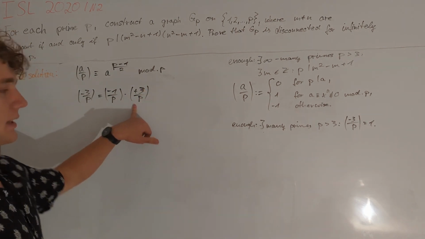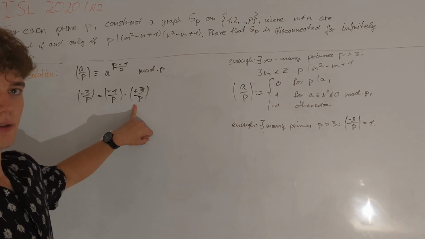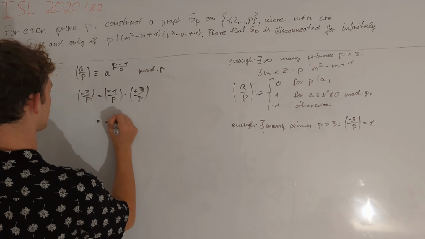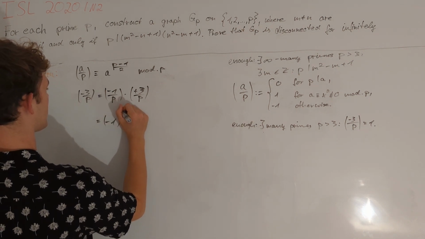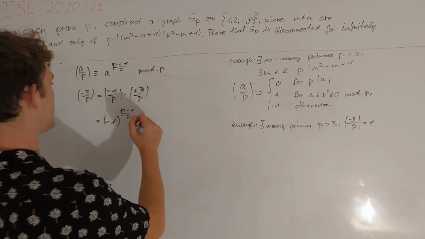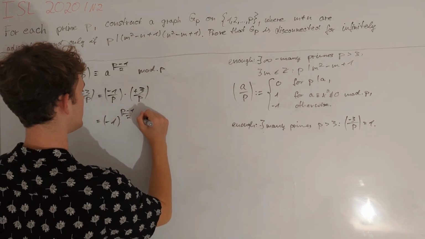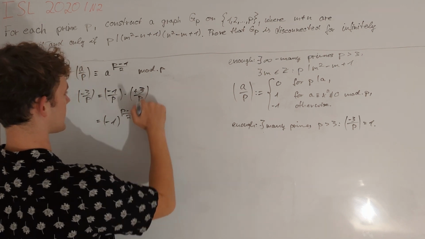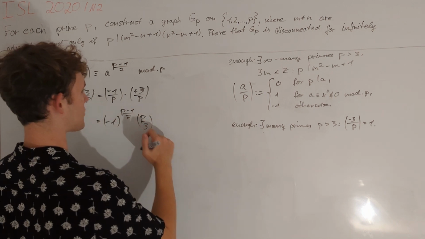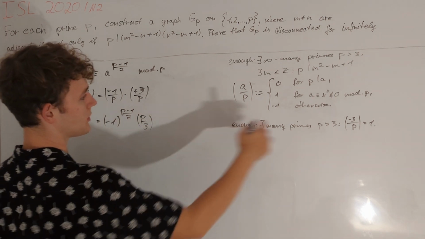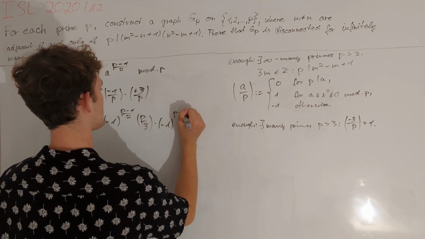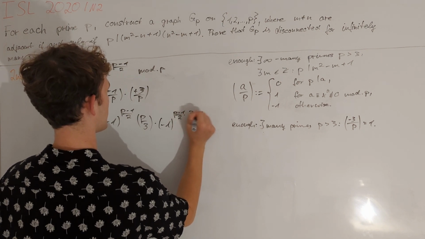And now we will use another statement known as the law of quadratic reciprocity. Firstly, this is equal to (-1) to the power of (p minus 1)/2 times, by quadratic reciprocity, (p over 3), which is exactly the inverse of that, because this works since 3 is also a prime and p is not equal to 3 because p is greater than 3, times (-1) to the power of (p minus 1)/2 times (3 minus 1)/2.